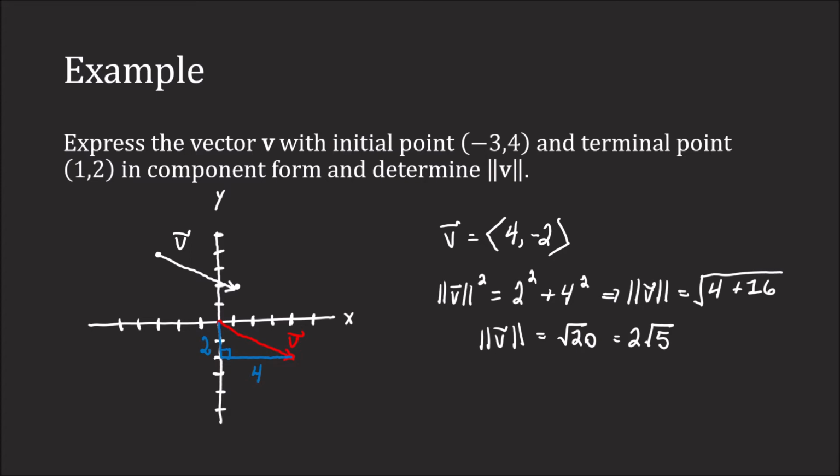Now notice, if we look at the component form 4, -2, well, 4, isn't that 1 minus -3?